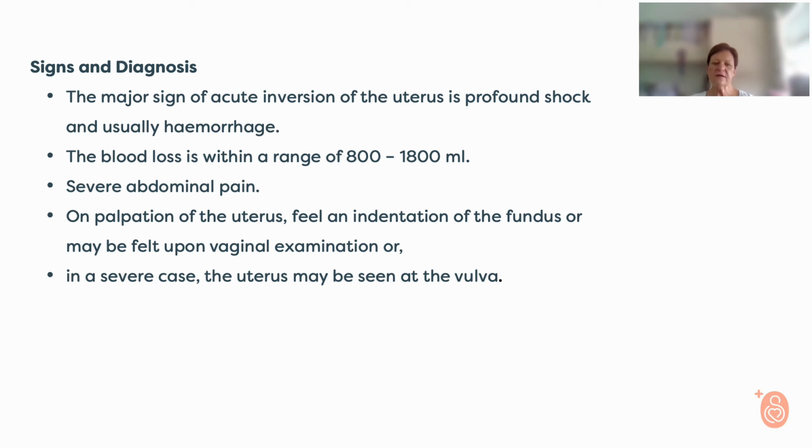If you're doing an abdominal palpation, you might feel the indentation of the fundus, or you just feel nothing. Or in the case of a vaginal examination, you might see or feel the uterus in the cervix or in the vulva.